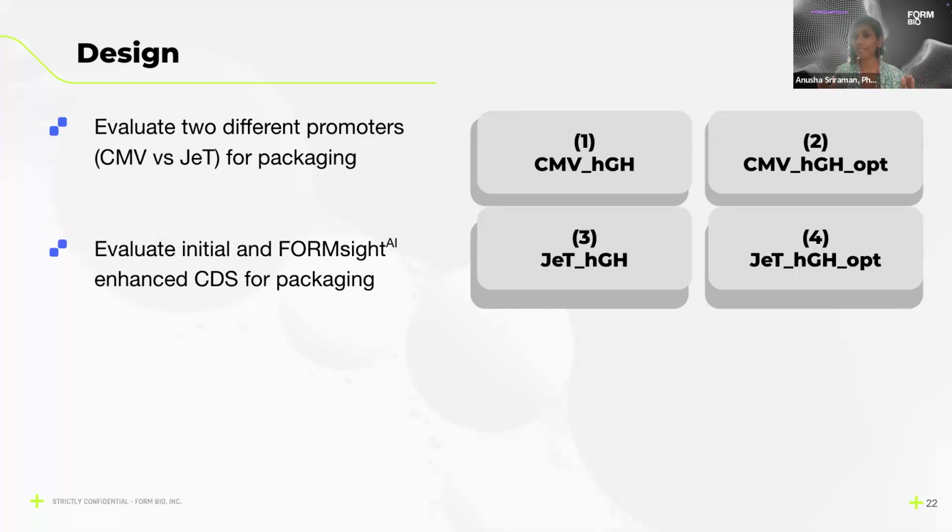We evaluated two different promoters, CMV and JET. As I mentioned earlier, the CDS that we used here was the human growth hormone. We used the initial unoptimized human growth hormone, as well as the FormSight optimized human growth hormone. In total, we had 4 vectors that we evaluated for this particular experiment.